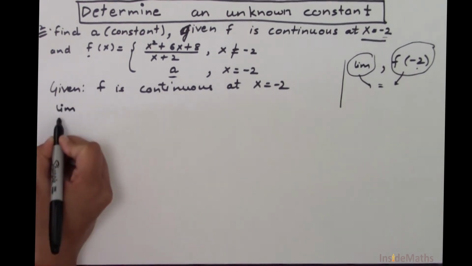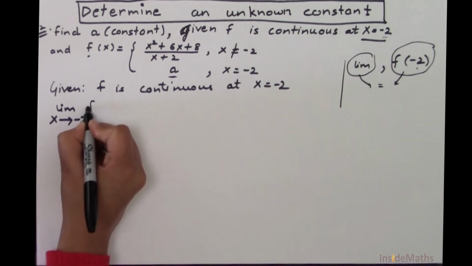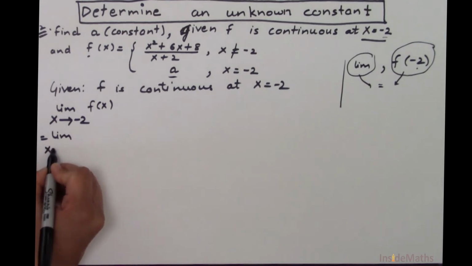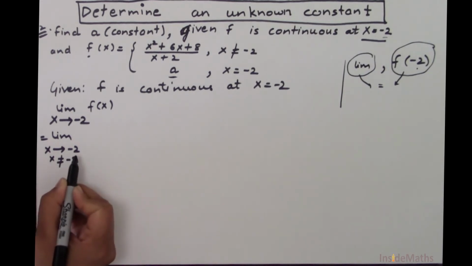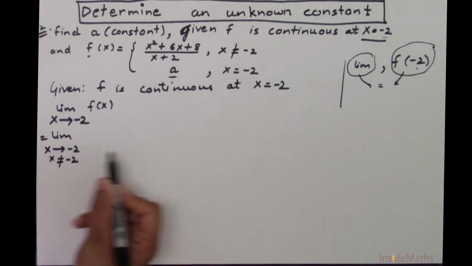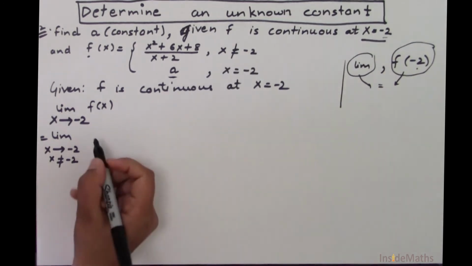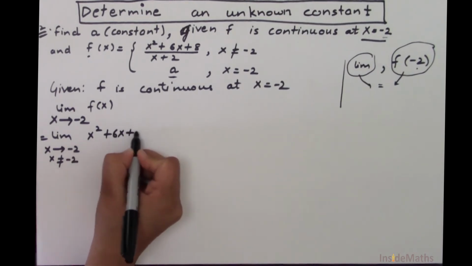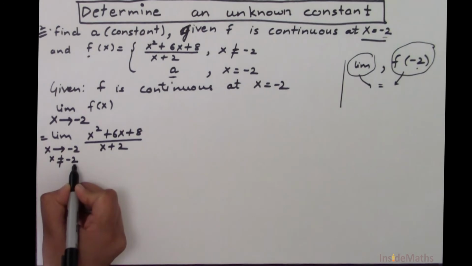First I'll find the limit x approaches to the point -2 f of x. Now when x is approaching to negative 2, that means x is not equal to negative 2. X is just approaching to negative 2 from both the sides. So I'll use this value of the function when x is not equal to negative 2. So f of x is x squared plus 6x plus 8 divided by x plus 2 when x is not equal to minus 2.